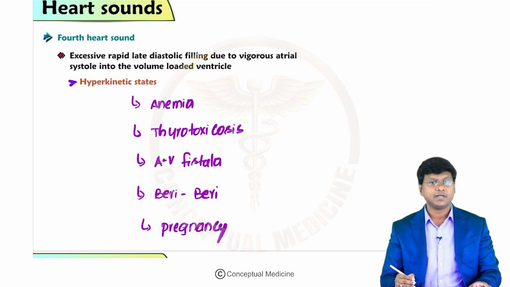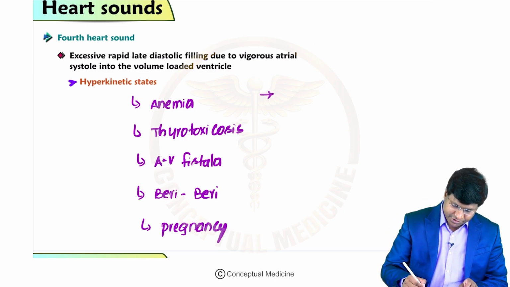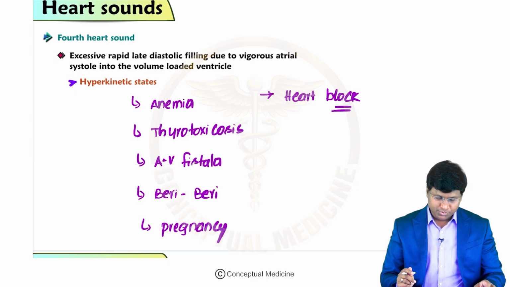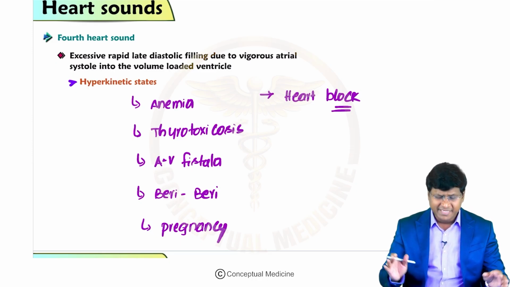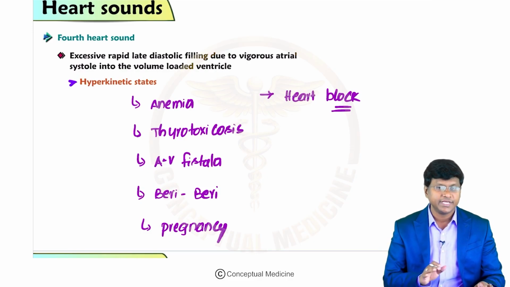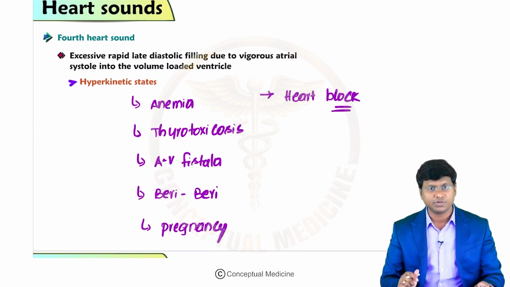So these are all the hyperkinetic states where you have the presence of the fourth heart sound. Then in patients with heart block, there also you will have a stronger atrial contraction to push the blood into the ventricle. So there you will again have the fourth heart sound. These are all the conditions where you have the presence of the fourth heart sound.